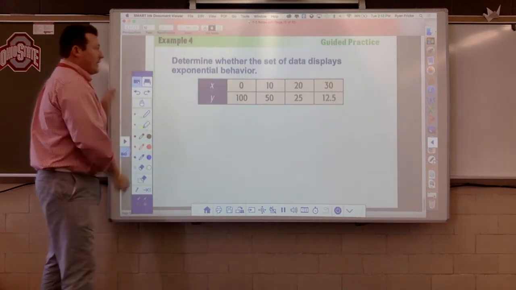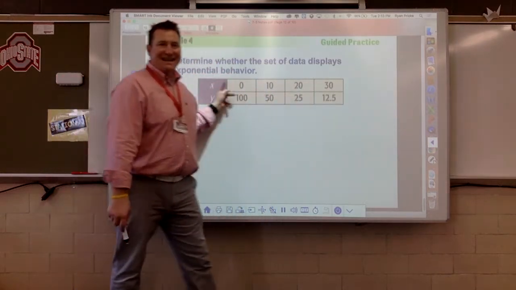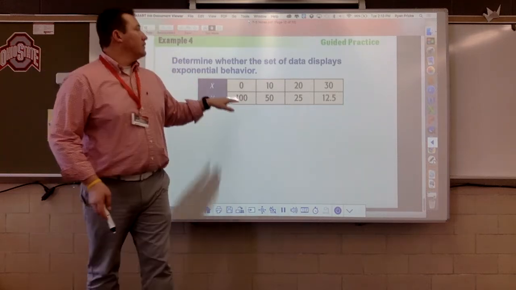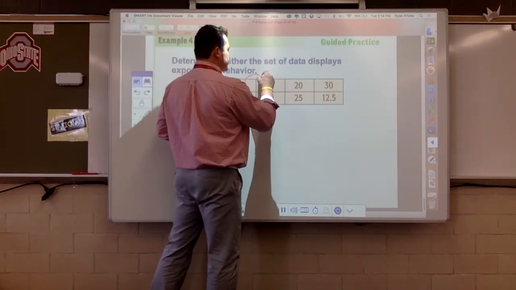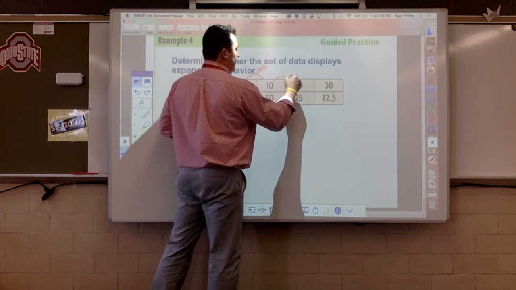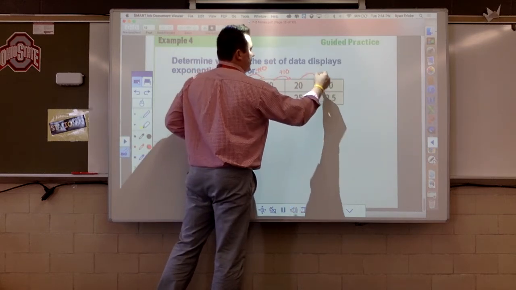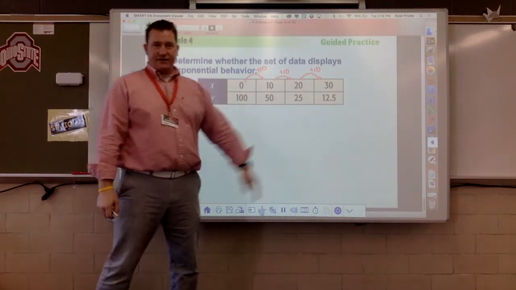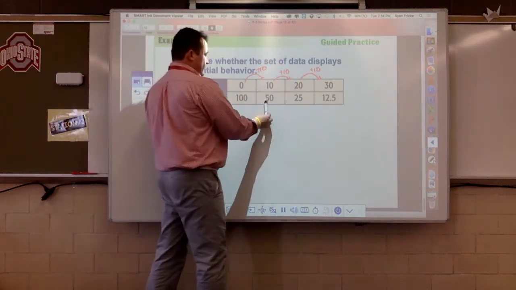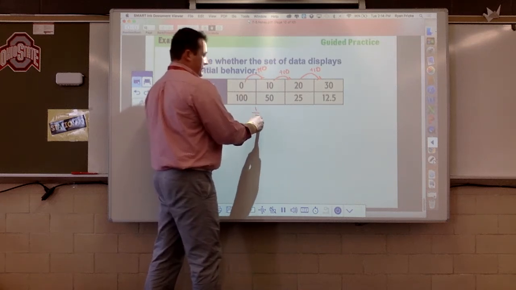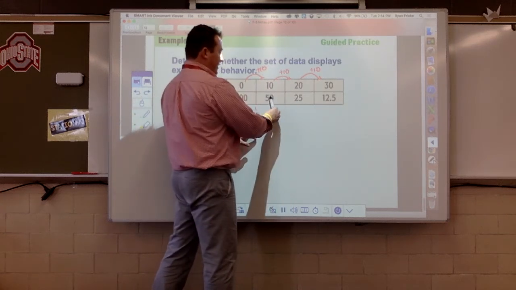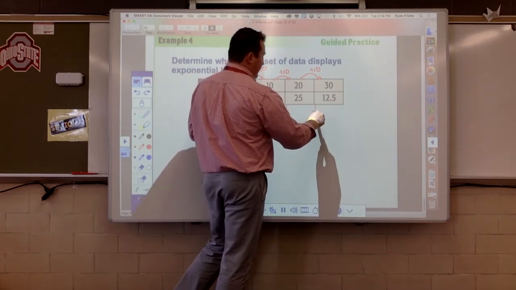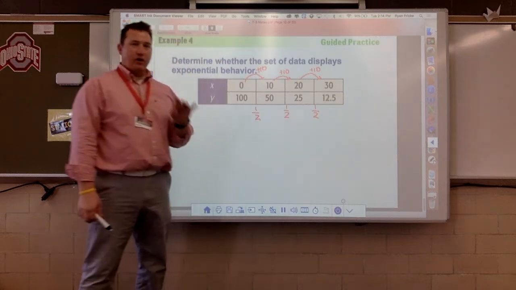Same thing here. What do we think about this one? Again, easy to see. My x's, are they going up or down by the same number? Yeah, they're going up by 10, and up by 10, and up by 10. Okay, well, what about the y's? Well, 50 divided by 100 is 1/2. 25 divided by 50, also 1/2. 12.5 divided by 25, also 1/2.